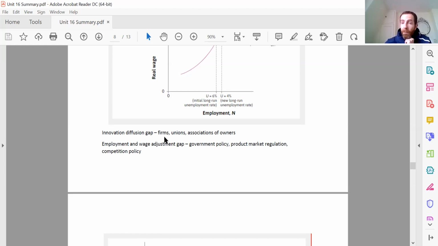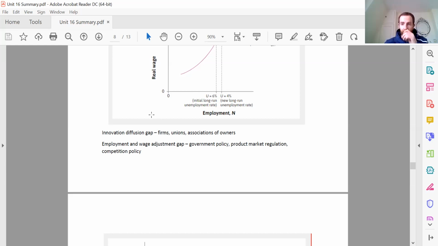But there might be some firms who don't adopt those practices and in fact just keep wages low in order to keep their costs low. And if there's no great incentive for them to adopt the new practice, they can just carry on production, but with lower wages. We could also see unions have an impact on this.